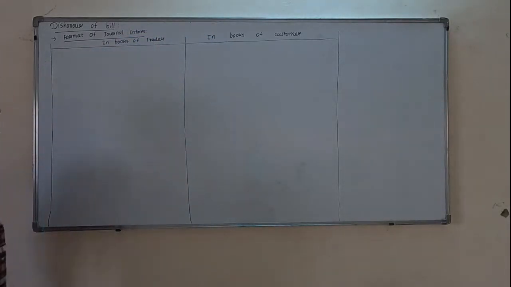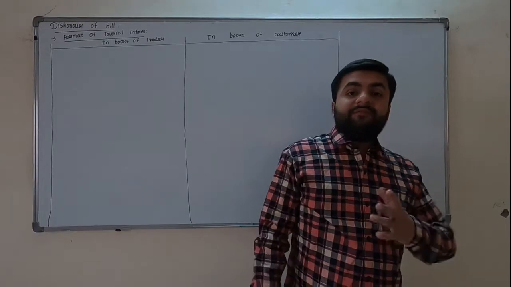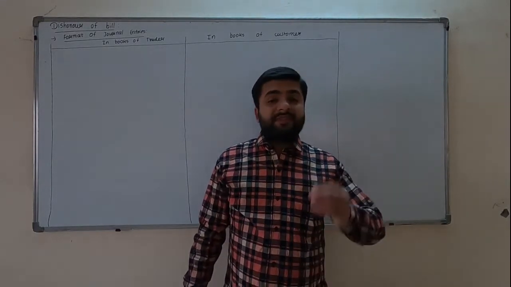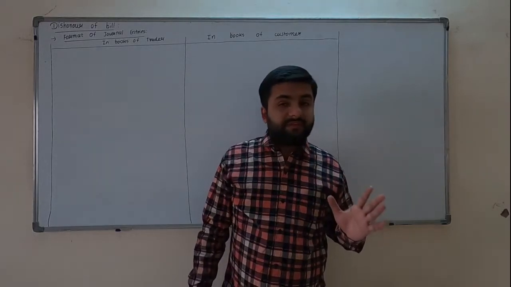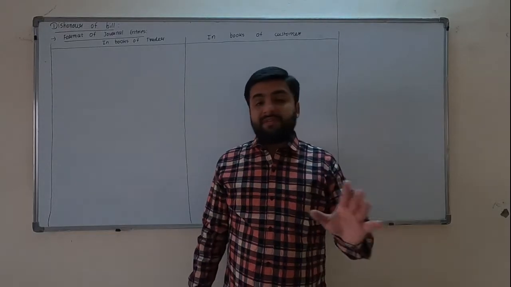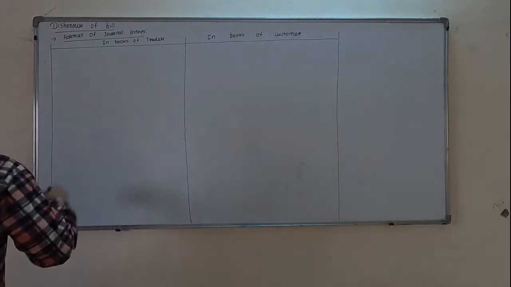Okay. Now as you know, there are 4 uses of the bill. If we are discussing the first use, when the bill is kept with oneself till the maturity date and nothing is done with the bill, simply the amount is received. So here also the first type will be the same.